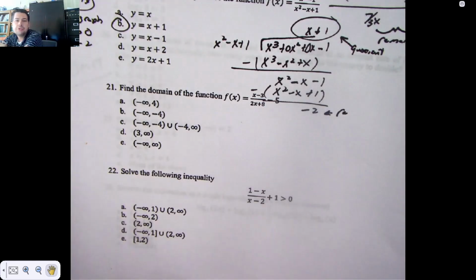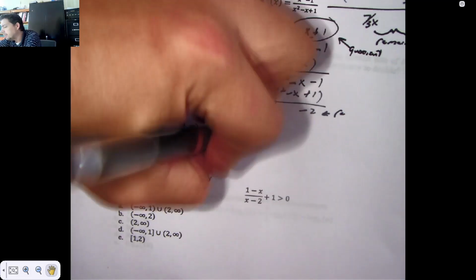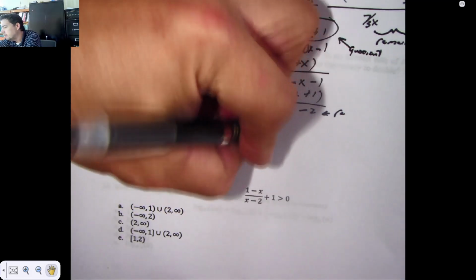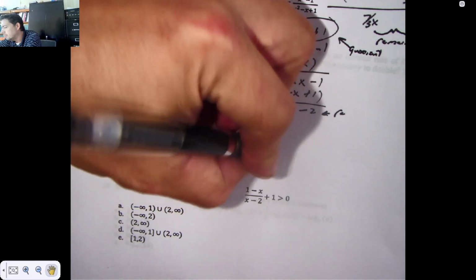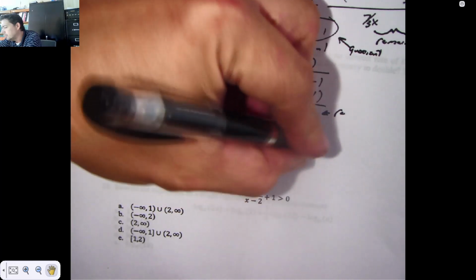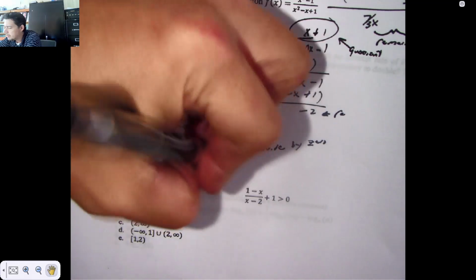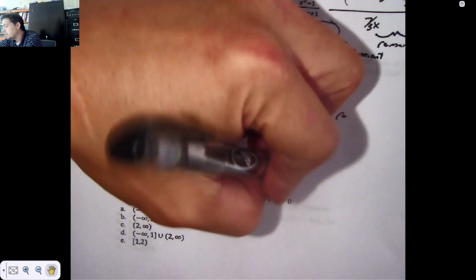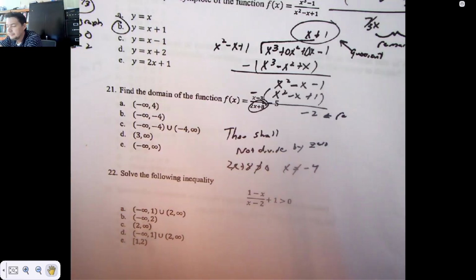Find the domain of the function. Not a hard problem. Golden rule is thou shalt not divide by 0. So I know that 2x plus 8 shall not be 0. That'll tell me that x cannot be negative 4.